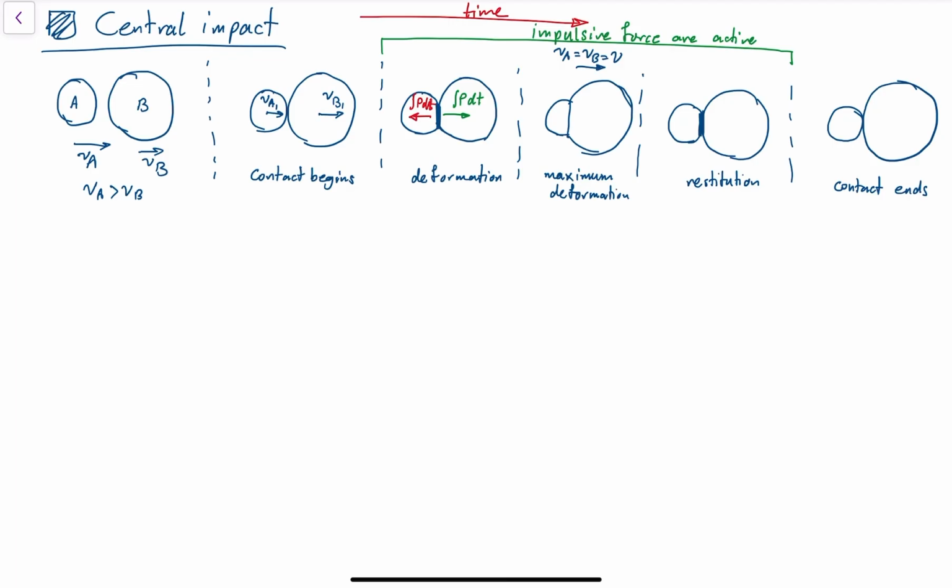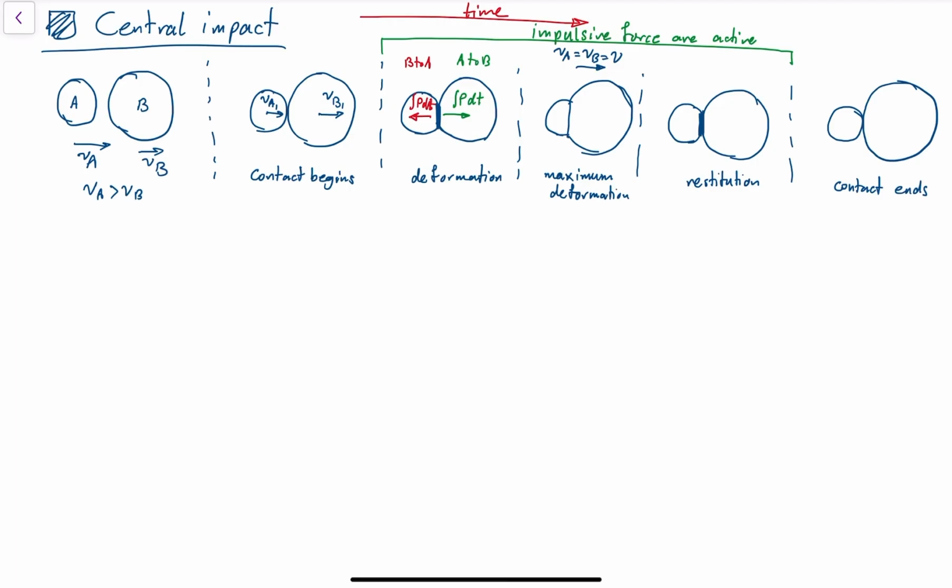Green is from A to B. Red is B to A. So now, body B. Yeah, it's good.